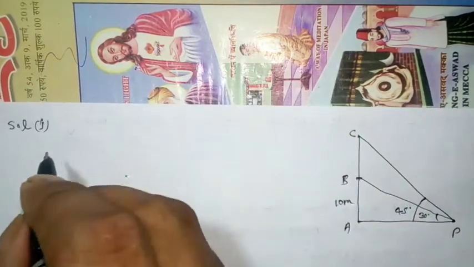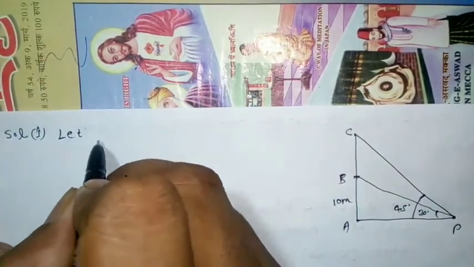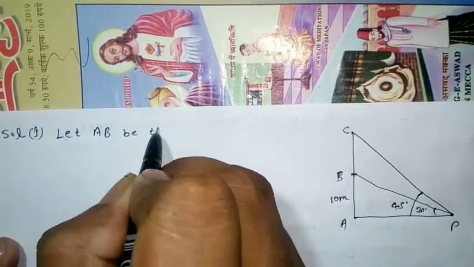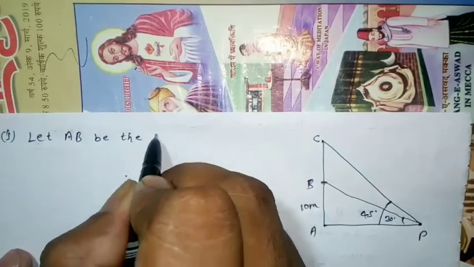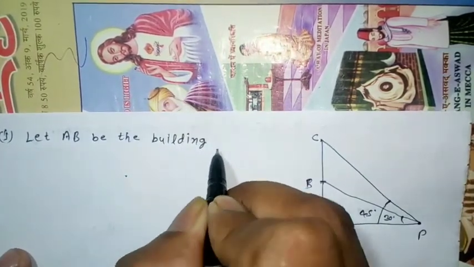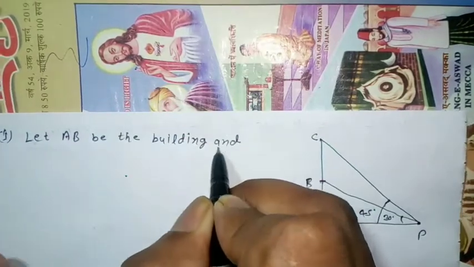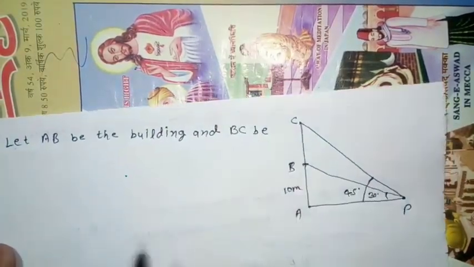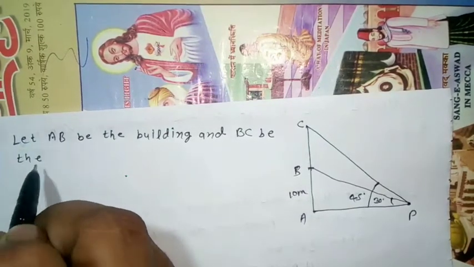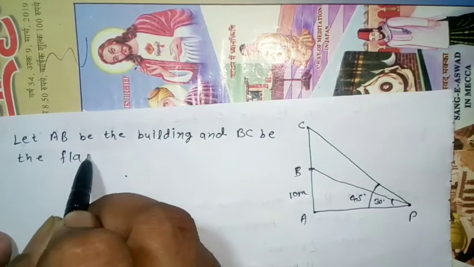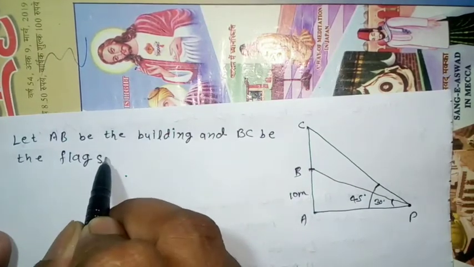We have to write, let AB be the building and BC be the flagstaff.